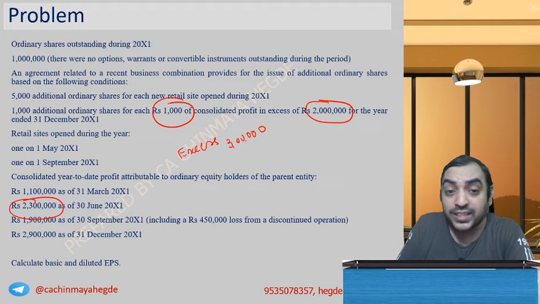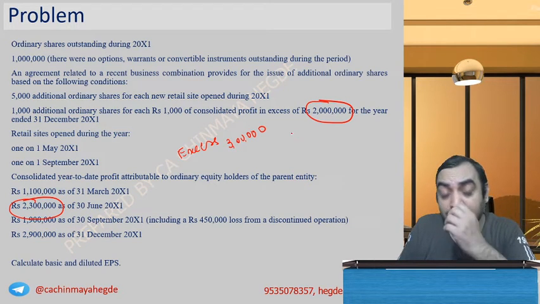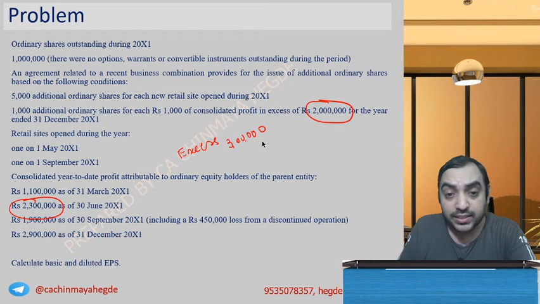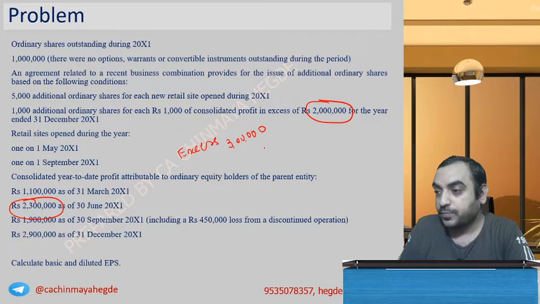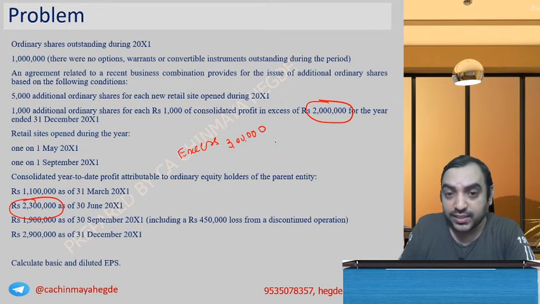Excess is 3 lakh. And how many shares are there? For each of rupees 1000. For each of rupees 1000 means what? For 1000 rupee excess, you get 1000 shares. So 3 lakh excess, you get 3 lakh shares. Are you understanding this?